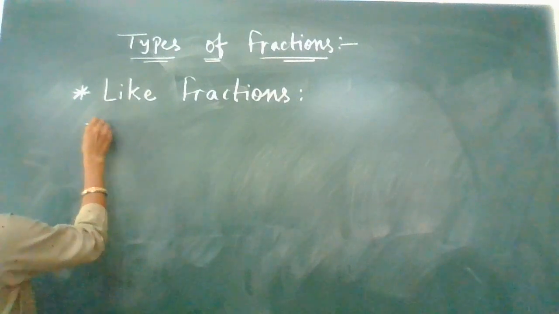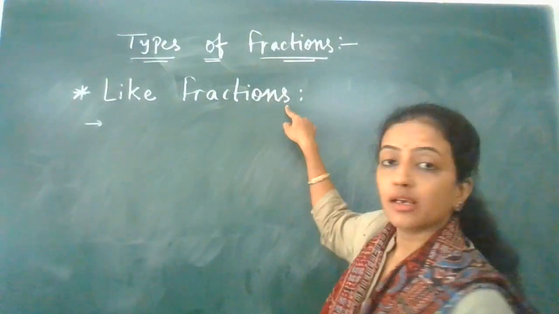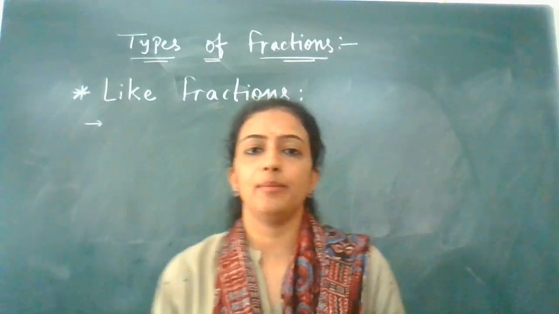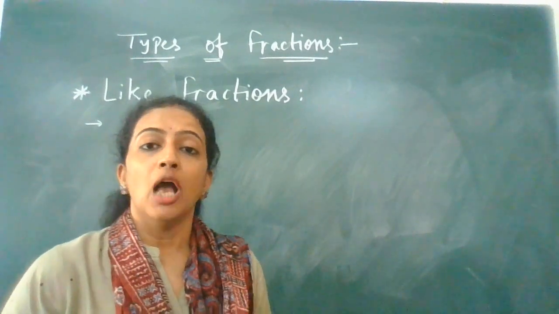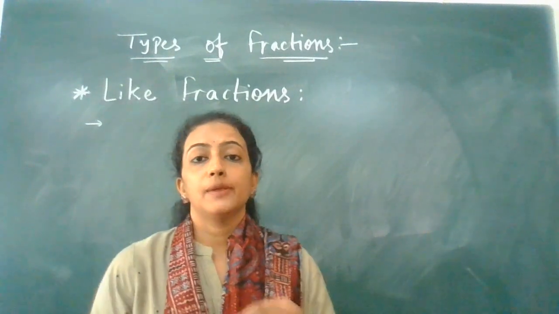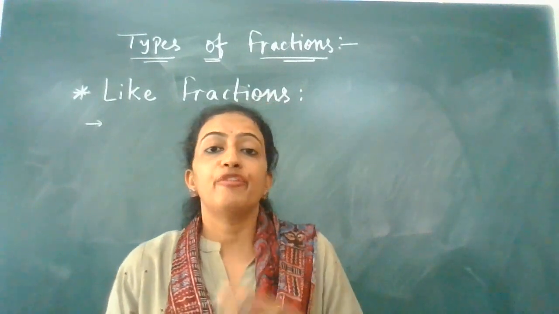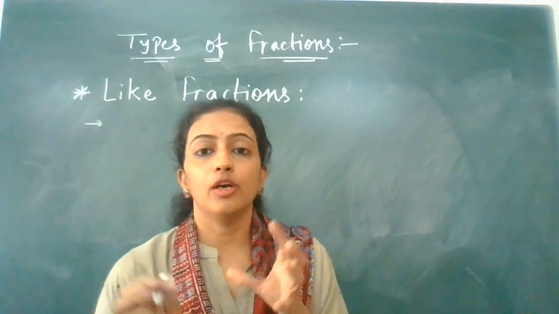Okay. So, like fractions. Like fractions means individually, one fraction you cannot consider as a like fraction. If you want to understand like fractions, or if you want to differentiate like fractions, you always have to think in a group.